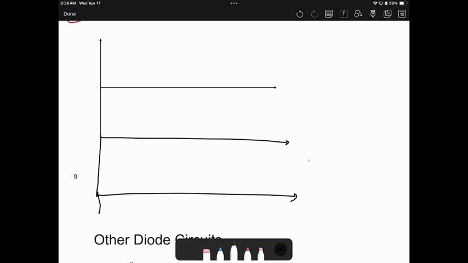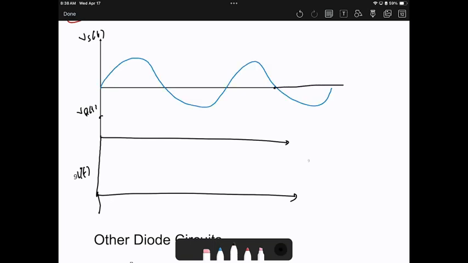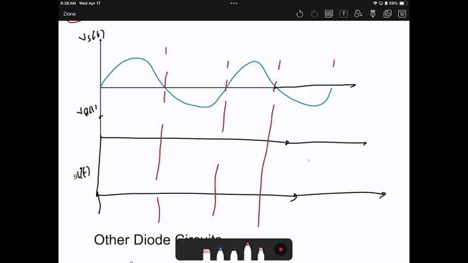So we have Vs of t, Vr of t, I of t. Okay. Here is the waveform for Vs. Then again, locate the critical points, which is the intersection at t-axis and at the peaks.